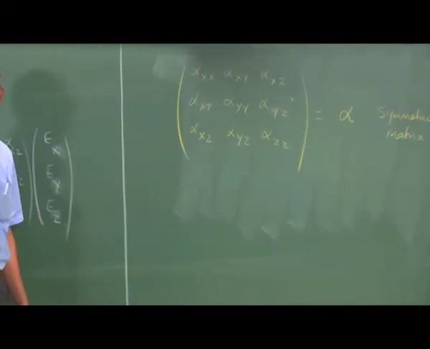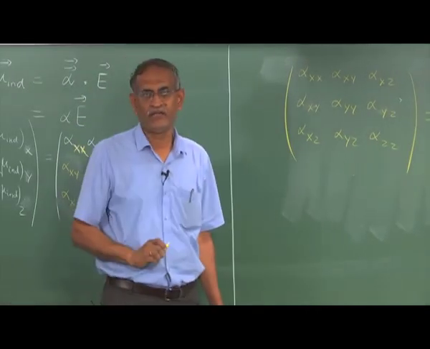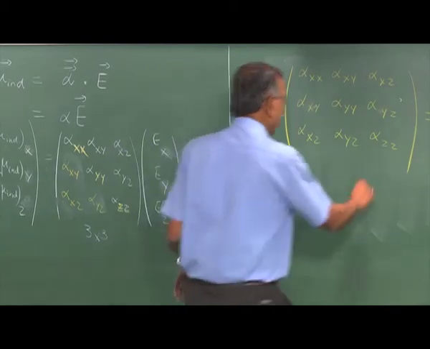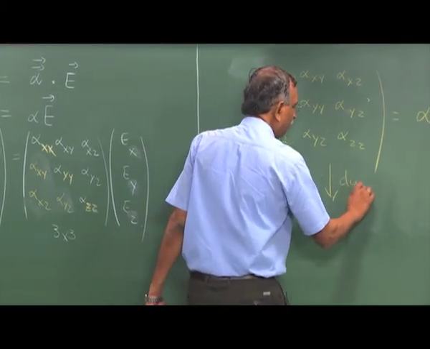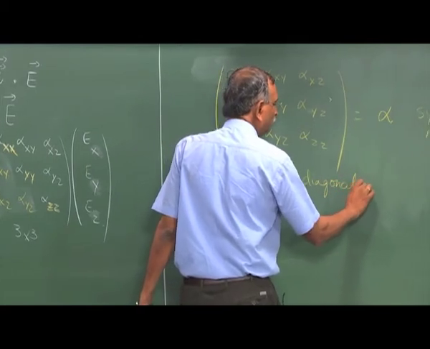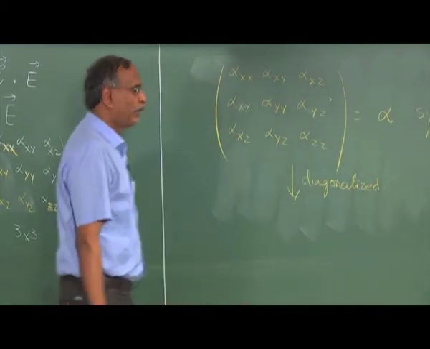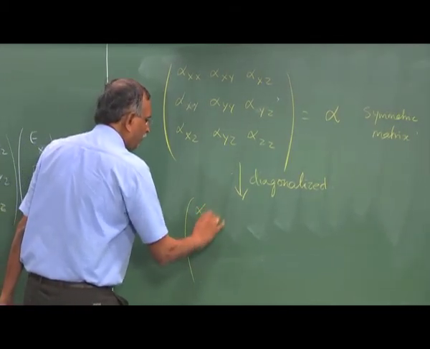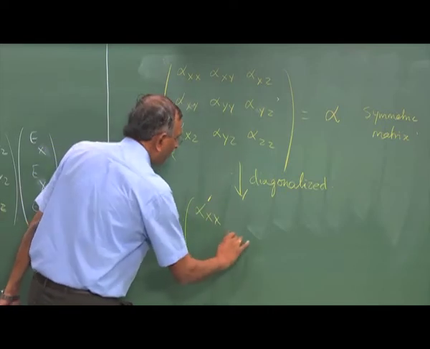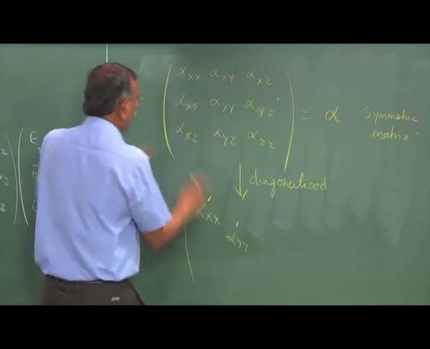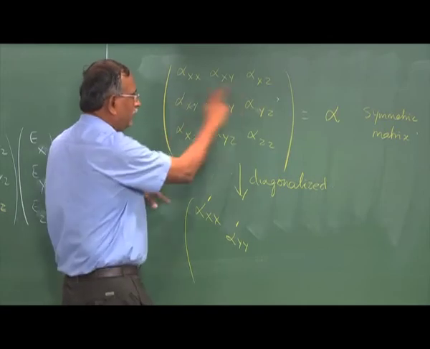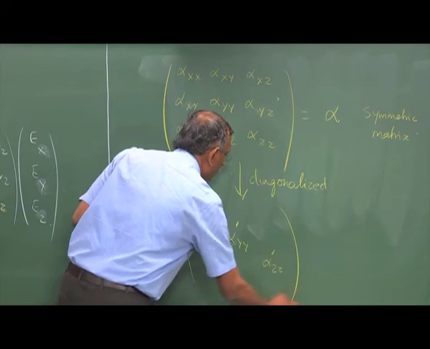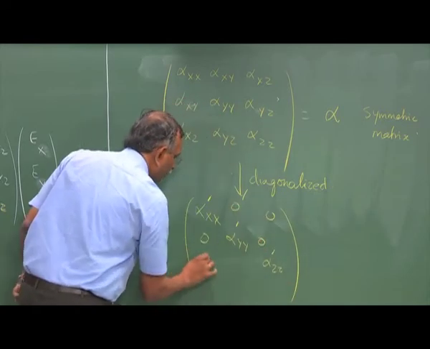Symmetric matrices have the property that they can be diagonalized to give only what are known as diagonal elements. That is, this can be diagonalized to give the final form of some alpha xx prime, alpha yy prime. This is not the same as that, but it comes after diagonalizing this matrix. You get alpha zz prime with zeros everywhere else.